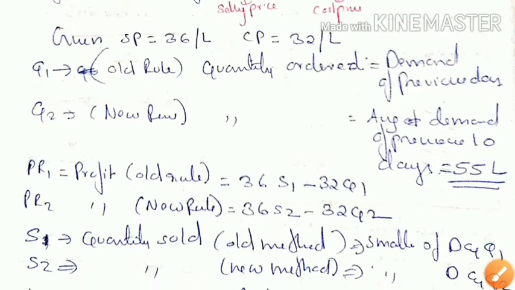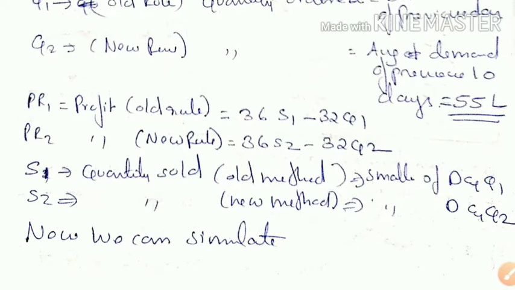Now Q1, according to the old rule, is the quantity ordered equal to the demand of the previous day, and Q2, according to the new rule, is the quantity ordered equal to the average of demand of the previous 10 days, that is 55 liters.